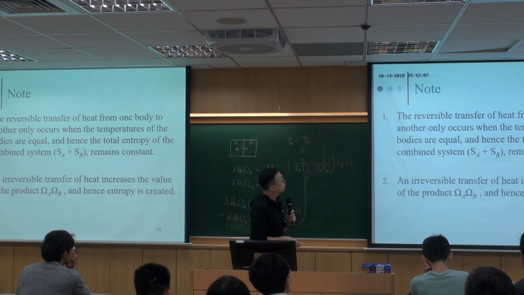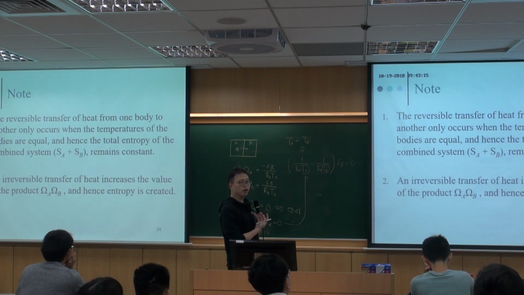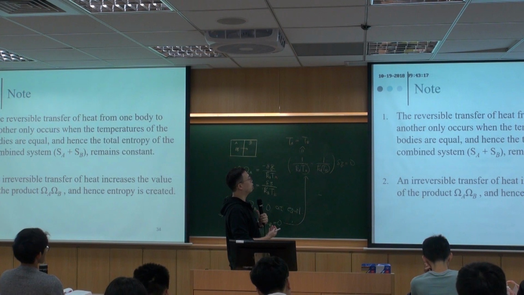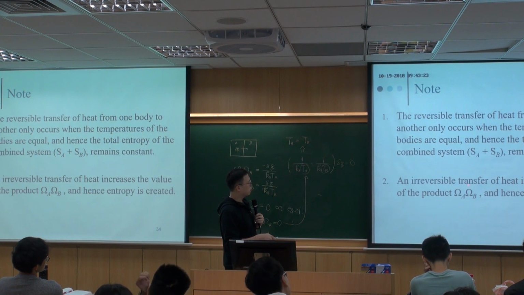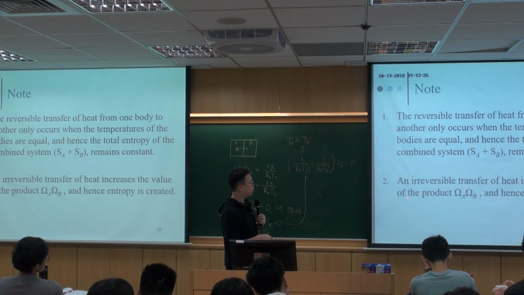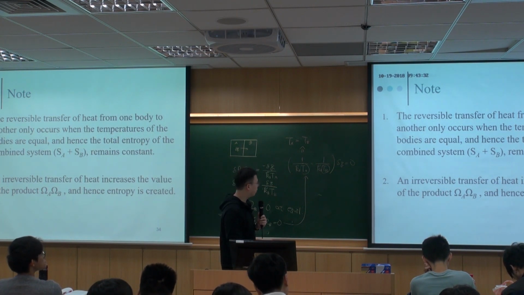So typically, if you have a system of two different temperatures and they're in contact with each other, it will undergo an irreversible process. And an irreversible transfer of heat increases the value of the total multiplicity, and hence the entropy is created.